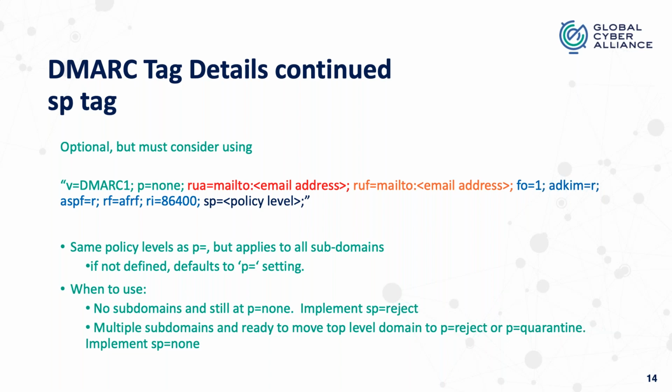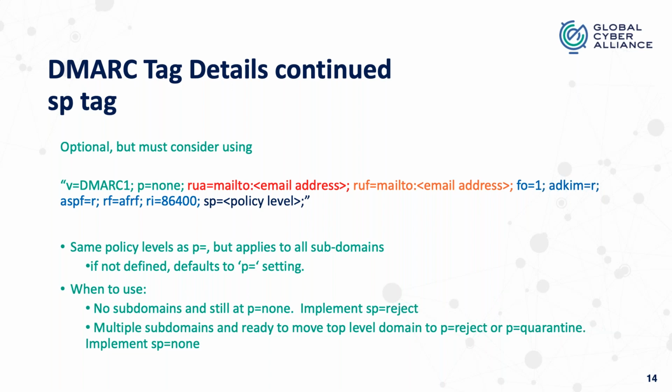In this situation, nothing, if you use P equals none. But what you can do is add SP equals reject. That way, while you're working on your top level domain and making adjustments, no one's using sub level domain versions of your domain for spam and phishing purposes. So that's why you put in SP equals reject.